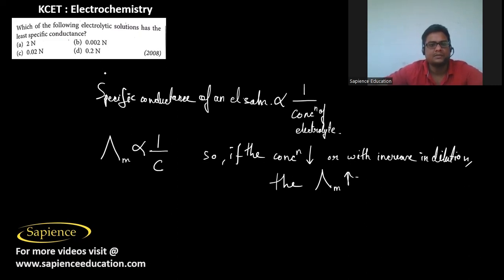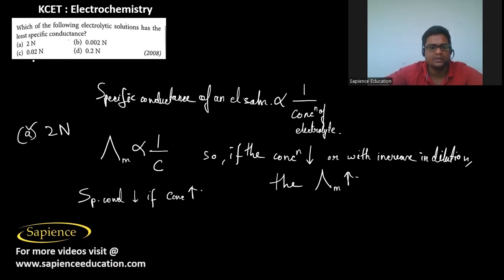Here it is asked to find that electrolytic solution which has the least specific conductance. The specific conductance will be least if the concentration is the highest. The highest concentration is 2 normal, which is in option A. So its specific conductance will be the least. So option A is the correct answer.